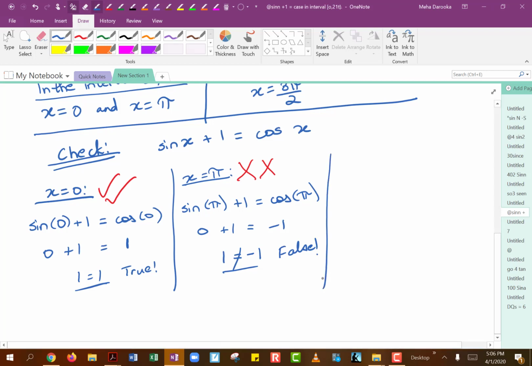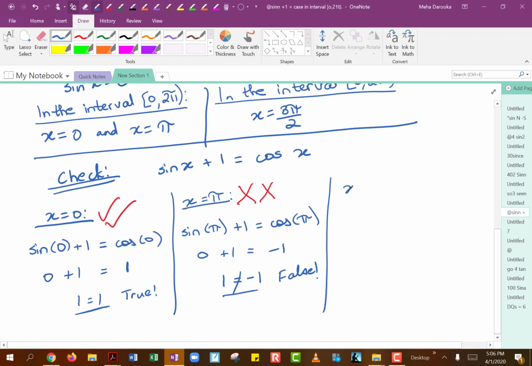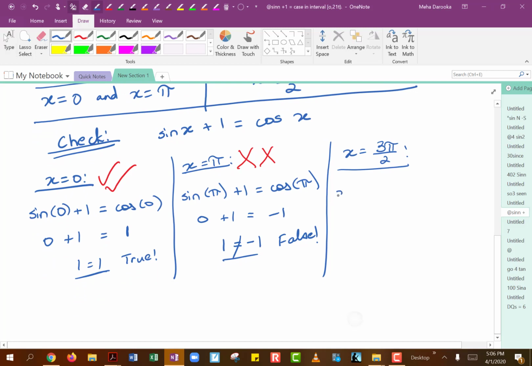And then the last one we got to check is for 3 pi over 2. So this would be sine of 3 pi over 2 plus 1 equals cosine of 3 pi over 2. So remember, this is that 270-degree angle.